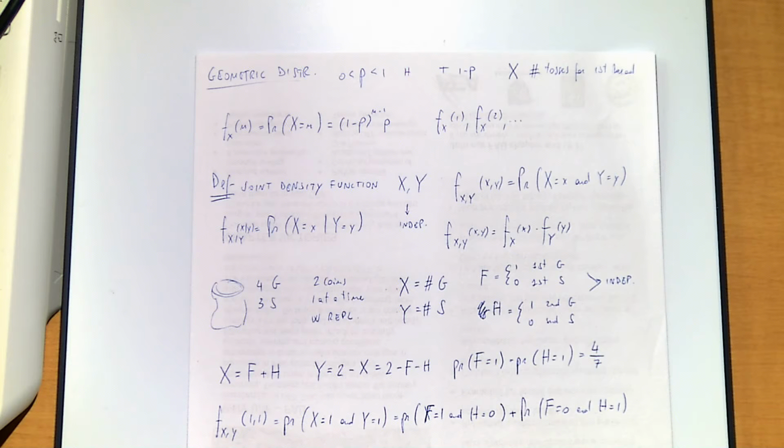So I either pick the gold coin first and then the second one is silver, or vice versa. Now these events are independent, so that is the same as probability of f equal 1 times probability of h equals 0, plus probability of f equals 0 times probability of h equals 1.